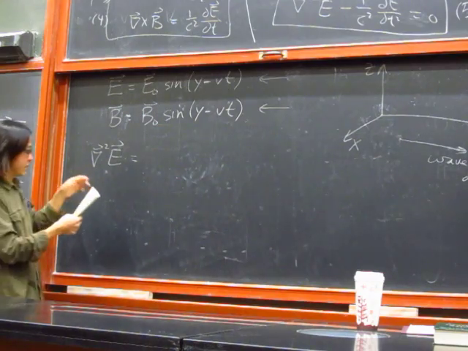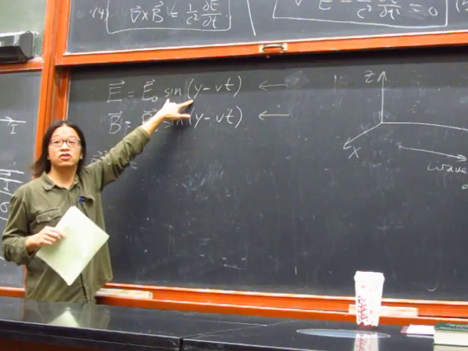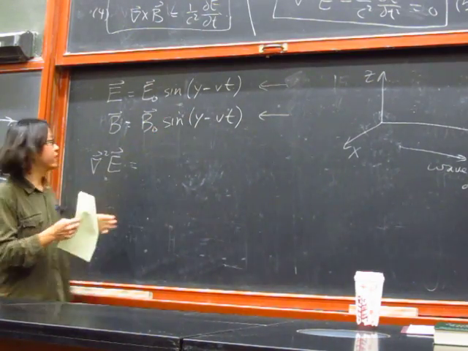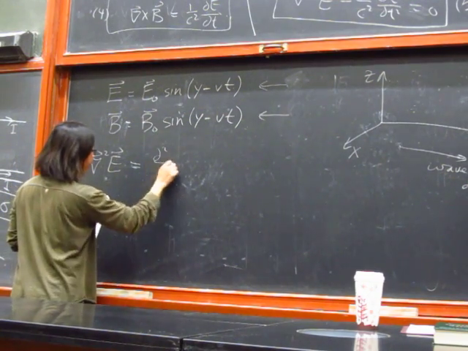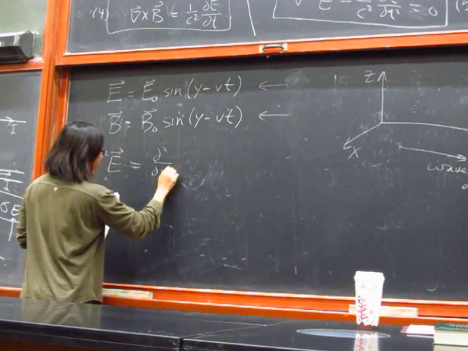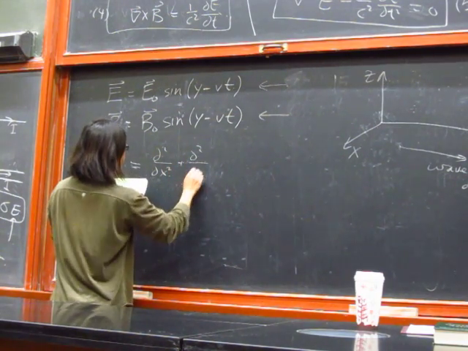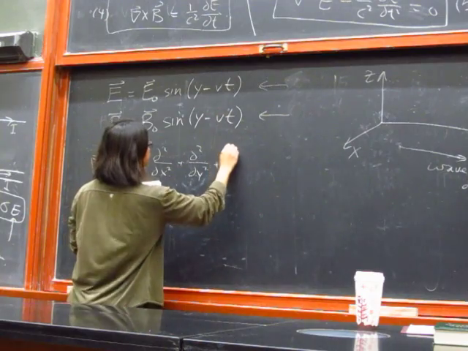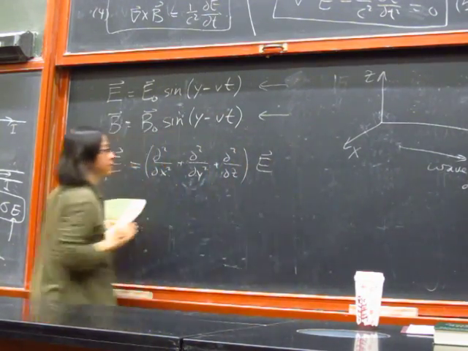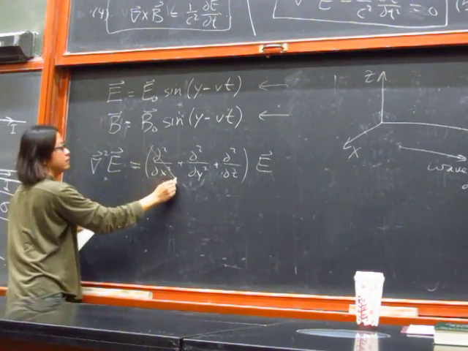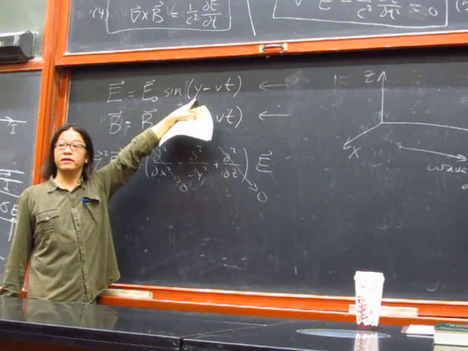If you look at this, this function only has a y dependence. So the Laplacian of E, recall Laplacian is the second derivative with respect to x plus the second derivative with respect to y plus the second derivative with respect to z, the whole thing multiplying the electric field. But those terms are 0 because the electric field only has a y dependence.